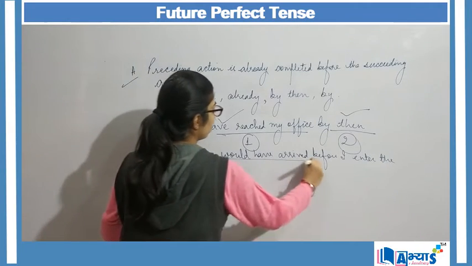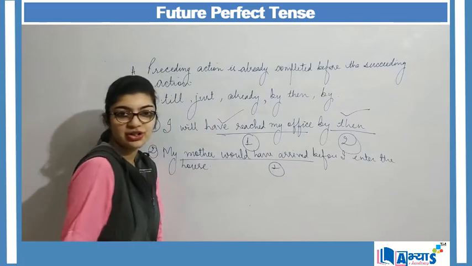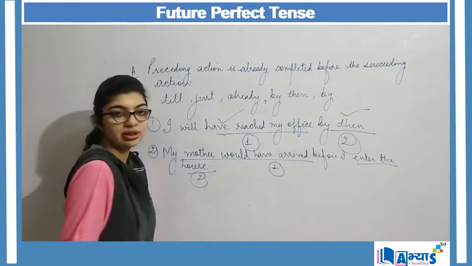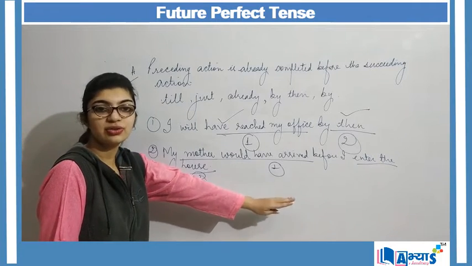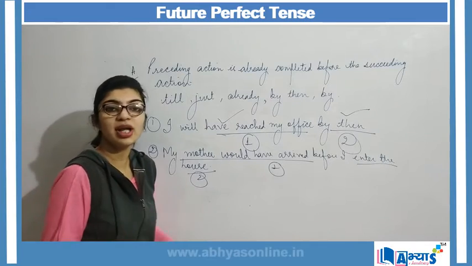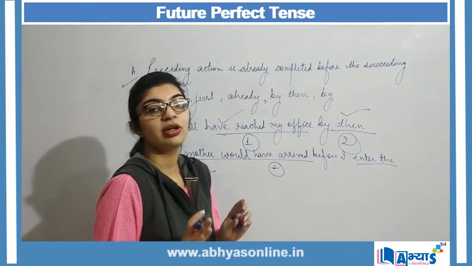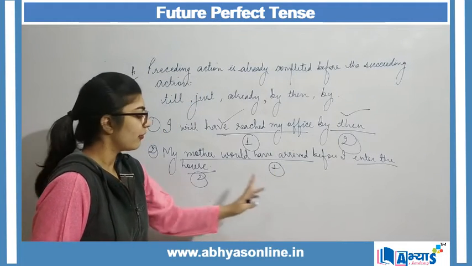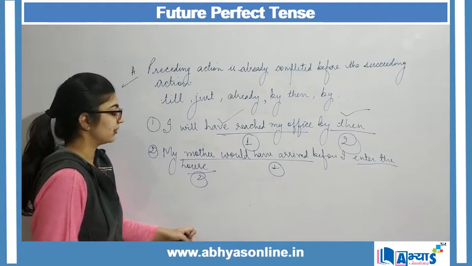Here, my mother would have arrived is my first action and before I enter the house is my second action. So my first action should have completed before the second action, which means that before I enter the house, my mother would have arrived. So my first action will complete first, followed by my second action.